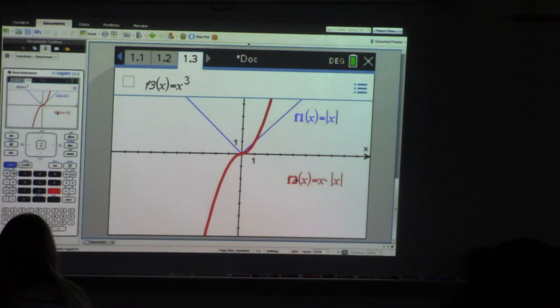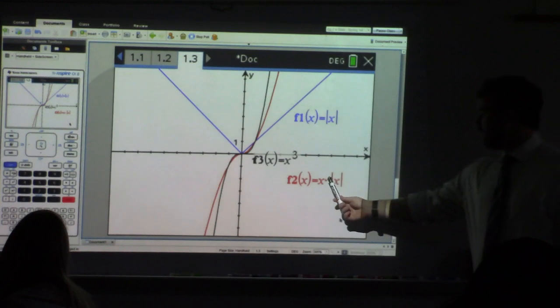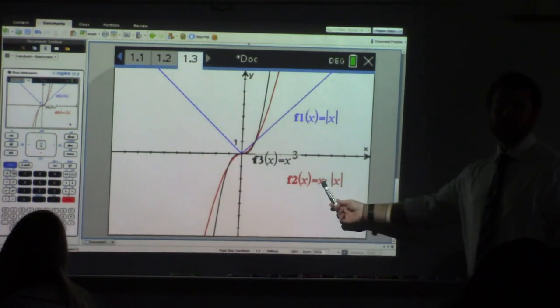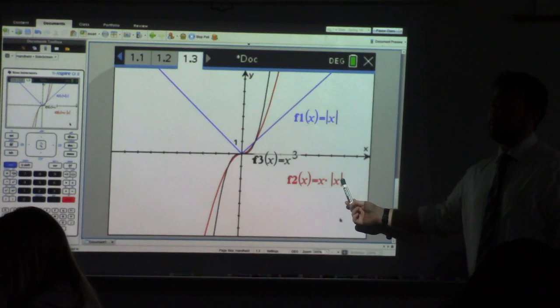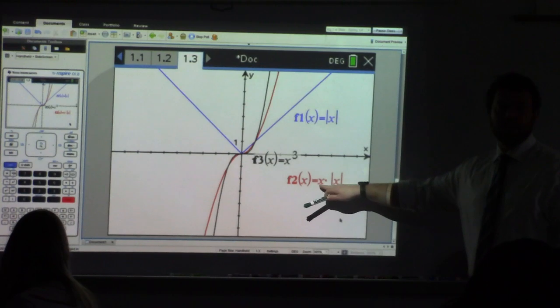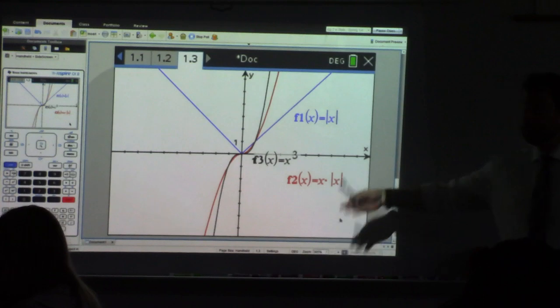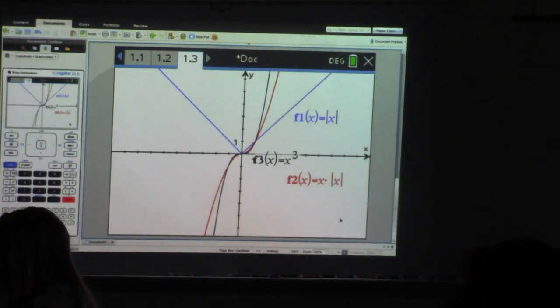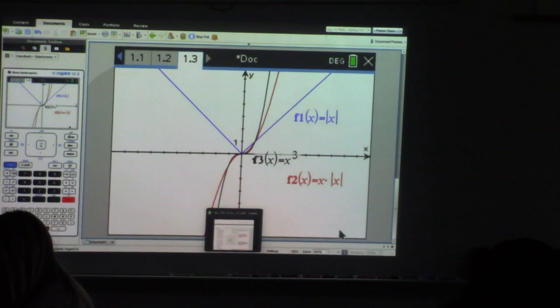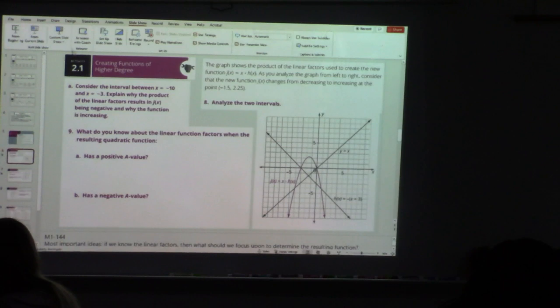Sorry, I misspoke. So is it exactly a cube? No. It's close. It looks similar, but it's not quite. If you think about it as x times x, it's in some ways close to x squared or a quadratic. But we're not going to go into why. The main thing I want you to see is, if you dilate by a non-constant, it's going to change that function completely, right? Okay. And notice, all I had to do is test it out to see if it actually was a cube. Don't just make assumptions. Test your assumptions. That's a great question or a great idea, but you want to test what you're predicting.